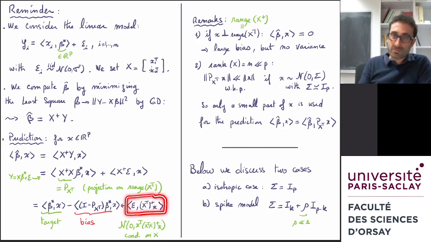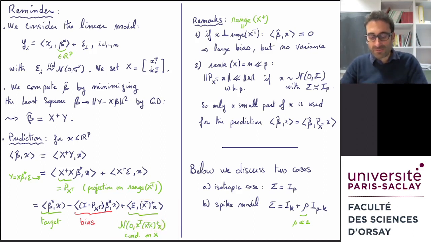This is a real random variable which has a variance equal to the norm of this vector. So conditionally on the design X, this term follows a Gaussian distribution with this variance.